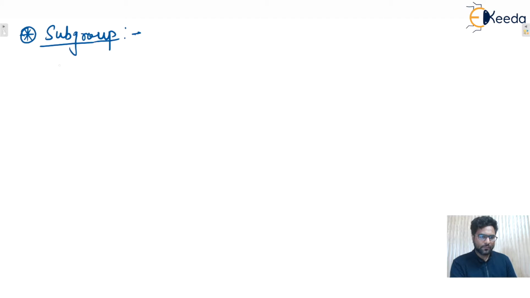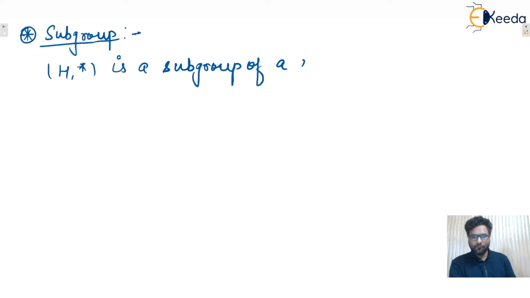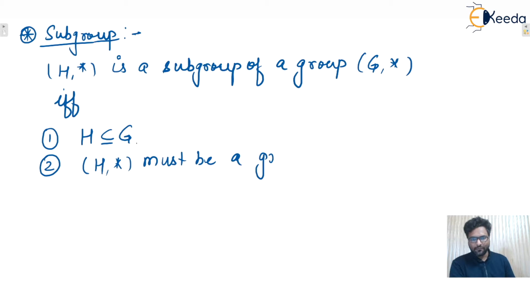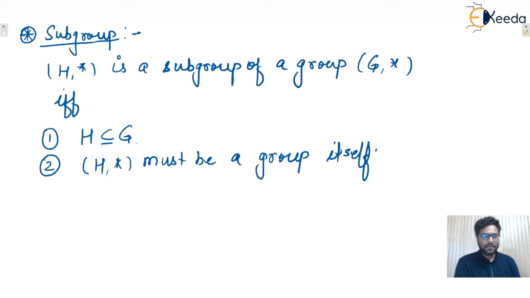We can say that the algebraic structure H comma star is a subgroup of a group, let's say G comma star, if and only if the first condition is that H must be a subset of G, and the second is that H comma star must be a group itself.